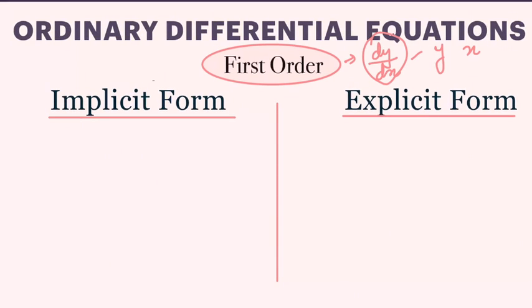The general form of the ordinary first order differential equation would be f of y dash, y and x is equal to 0. This is also known as the implicit form, whereas the explicit form would be y dash equals f of x comma y.